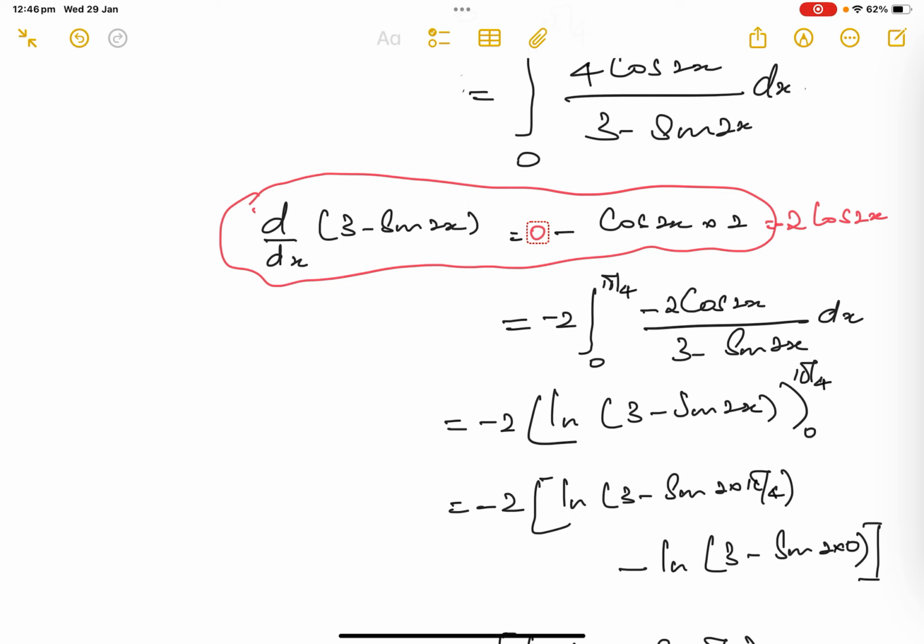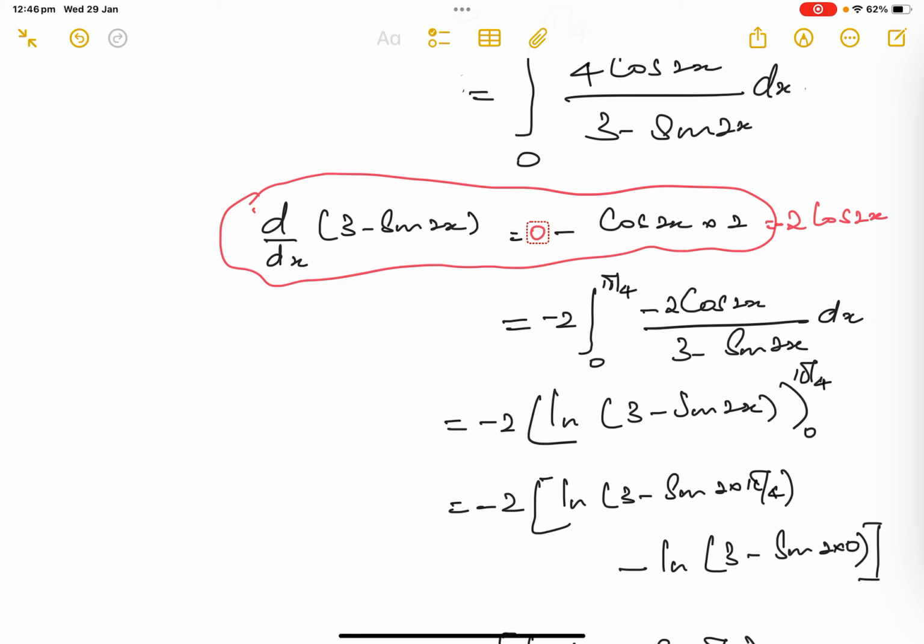All I did was make the numerator the differentiation of the denominator. So that's minus 2 times minus 2 cos 2x divided by 3 minus sine 2x, a quotient whose numerator is the differentiation of the denominator.